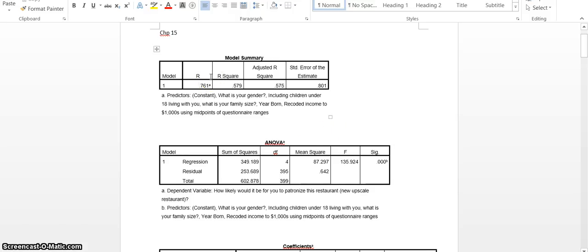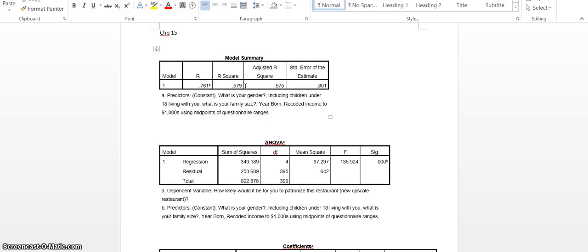R over here is correlation. As you recall from chapter 14, this number 0.76 is a moderate positive relationship. R squared, 0.579, you would look at it as a percentage, so it will be 57.9%.